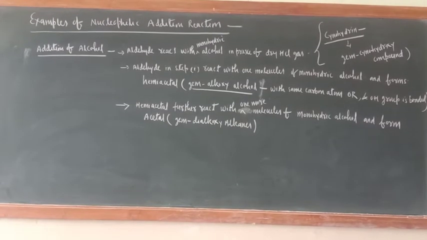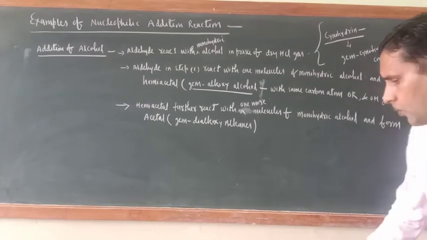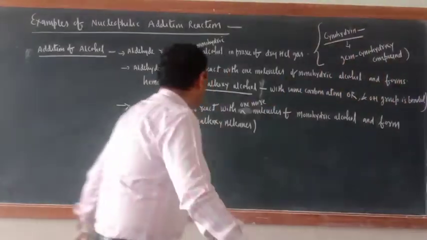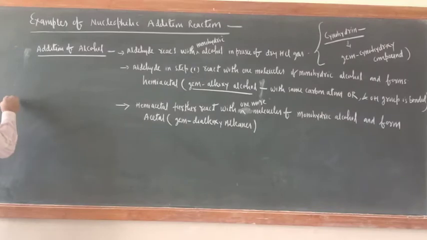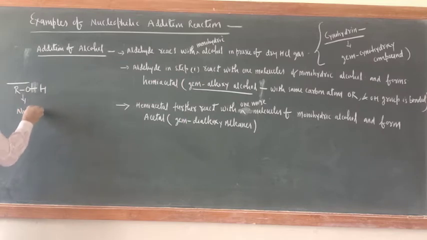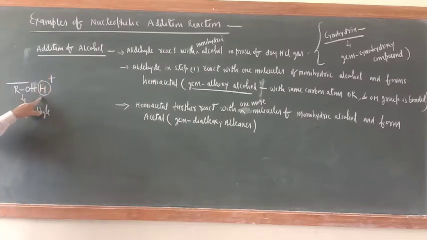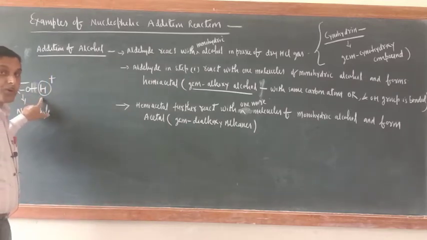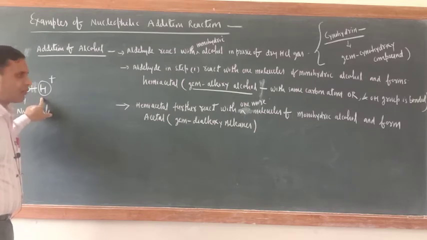Now just see here, addition of alcohol. As you know, alcohol is ROH. This RO part is the nucleophile, and this H part is the positive part, which will be used to protonate the oxygen of the carbonyl compound.